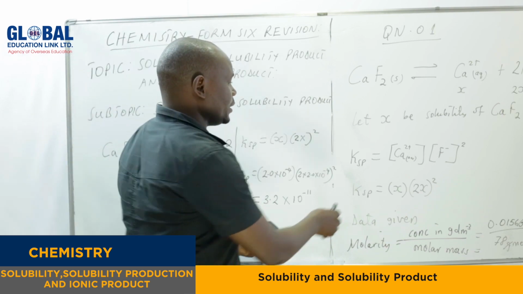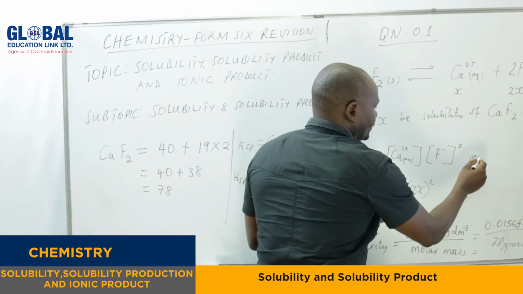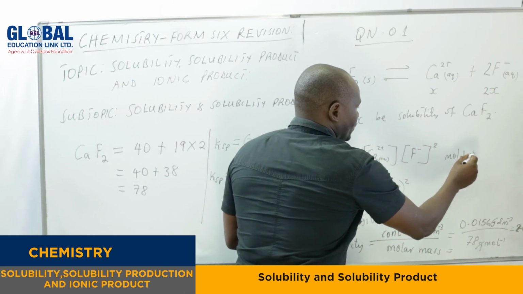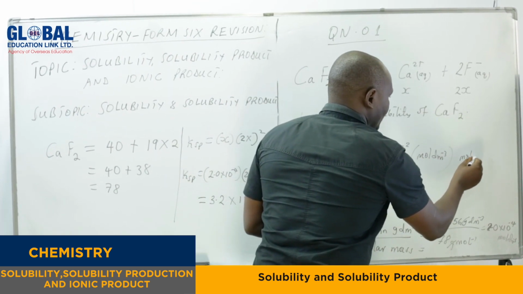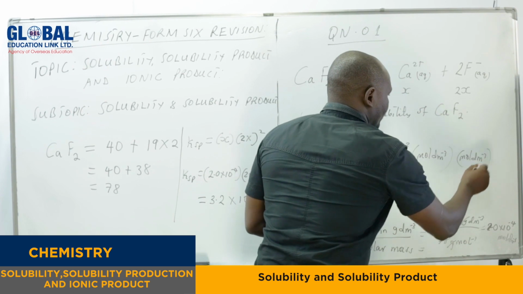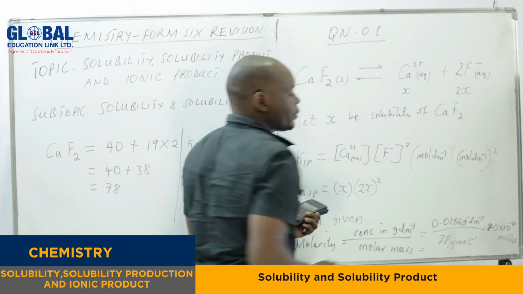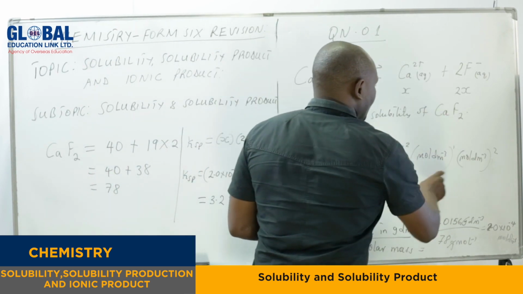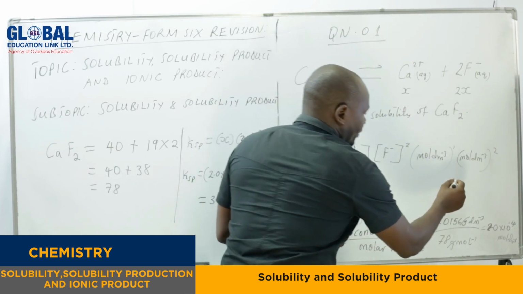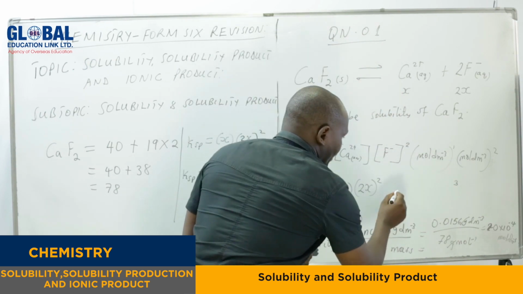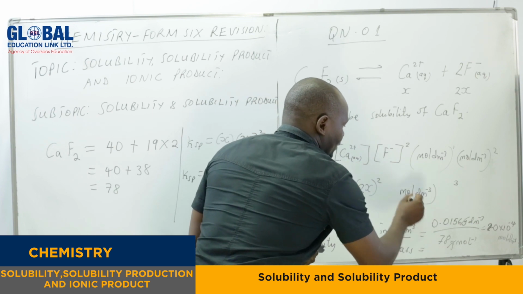In the Ksp expression, our concentration for calcium is in moles per decimeter cubed, and the concentration of fluoride ions is also in moles per decimeter cubed, but this one is squared. So this one is raised to power 1, and this one to power 2, which together give 3. So it is the same as taking moles per decimeter cubed, raised to power 3.